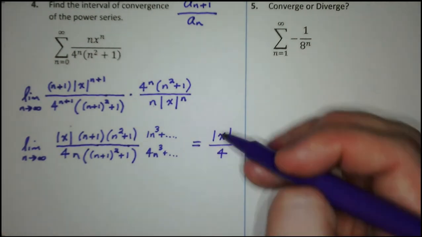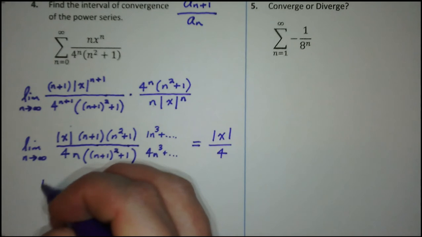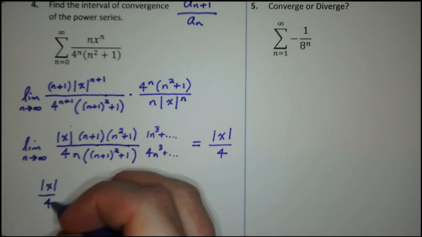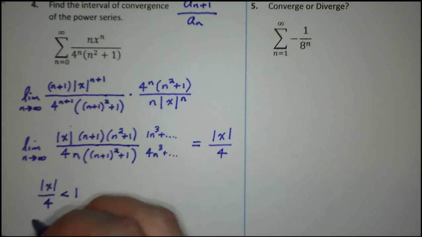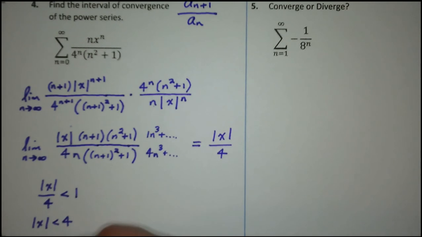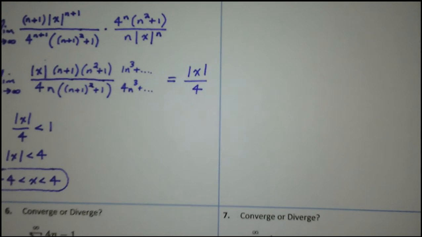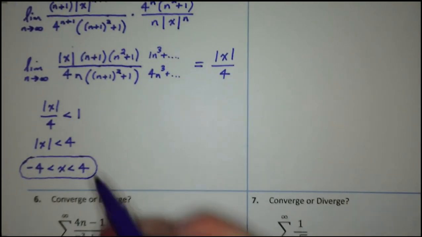The ratio test says that this will pass that convergence test as long as it is less than 1. So we now keep solving this, and we end up with this as a first draft, so to speak, of our interval of convergence.